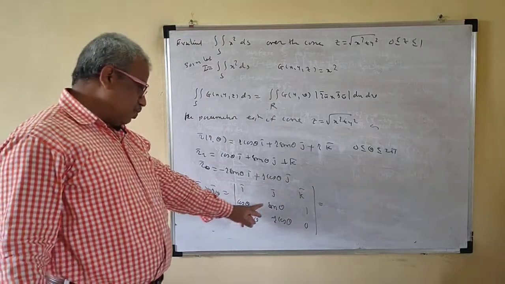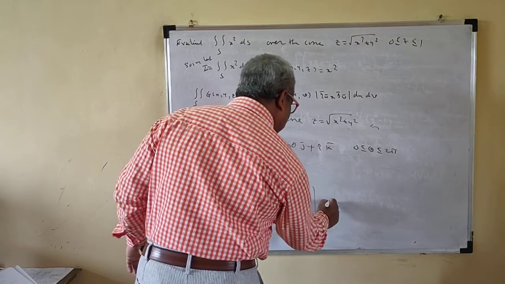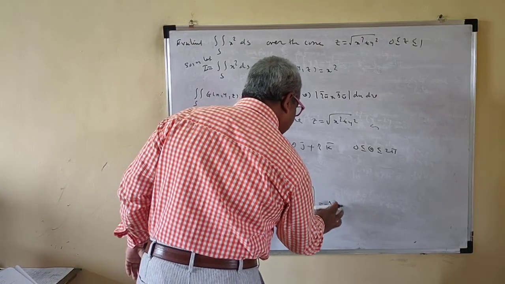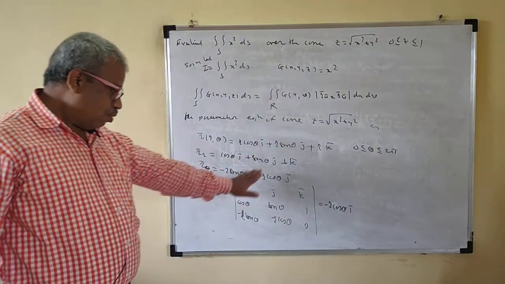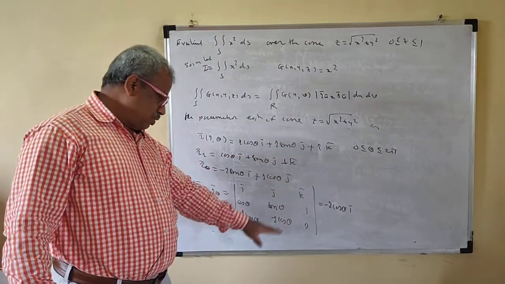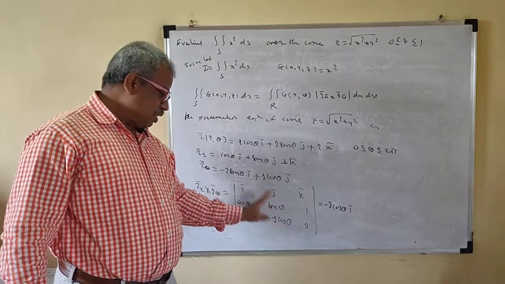Okay, so for i bar, this is 0, then this is minus r cos theta i bar. For j bar we will drop this, so this is 0, this is minus, and it becomes plus again minus.